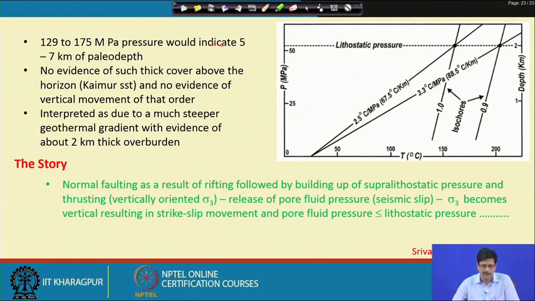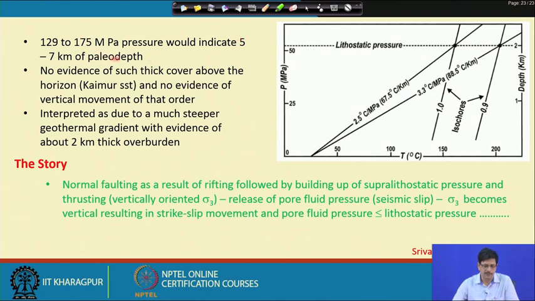Now, these values of 5 to 7 kilometer of paleo depth would indicate that there must have been at least 5 to 7 kilometer of overburden during the time of this reactivation of this strike fault in the form of the strike slip movement.